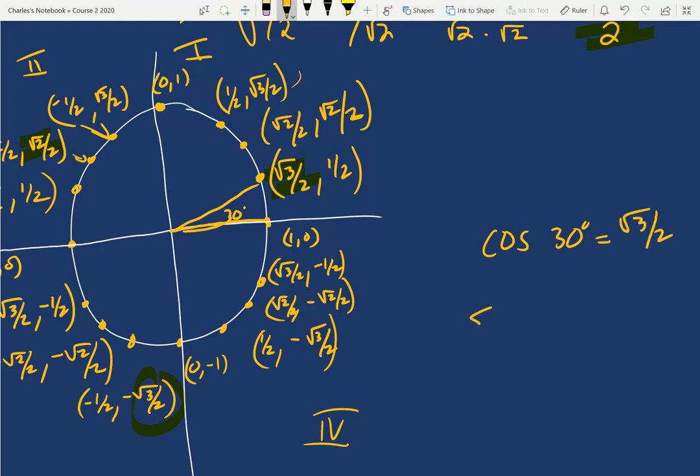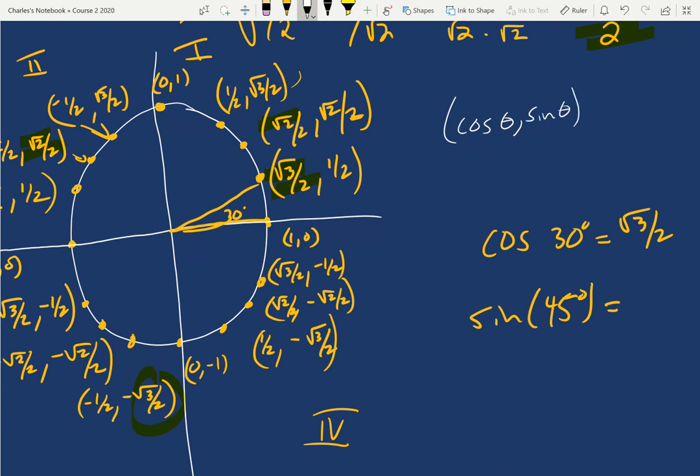If I wanted to know what is the sine of 45 degrees, it is not the one that I just highlighted, because the sine is not associated with the x coordinate. The sine of theta is associated with the y coordinate. Okay, so in any one of these coordinates, we have cosine of theta, comma, sine of theta.